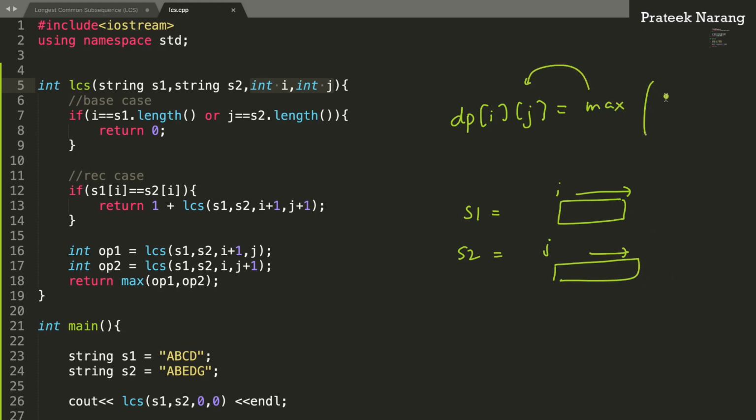So you are saying in s1 we are picking from i to n1 minus 1, and in s2 we are picking from j to n2 minus 1. What is the maximum LCS of these two strings, that is being stored here, right?